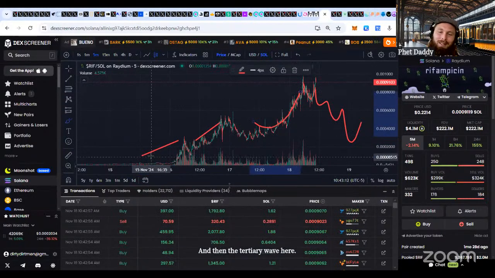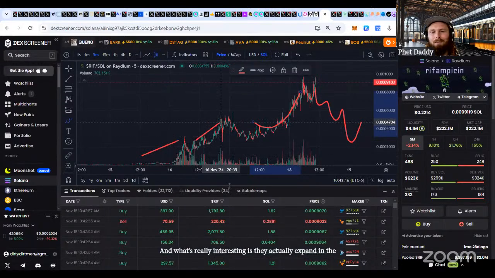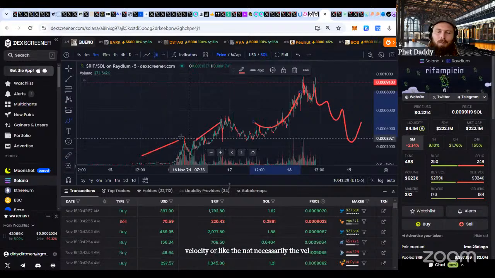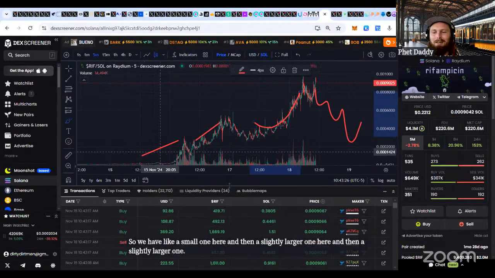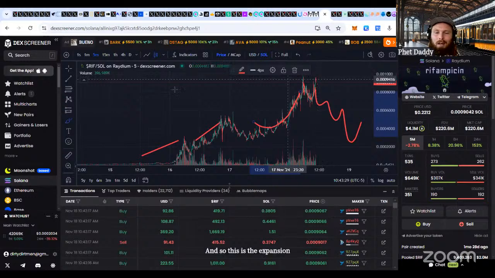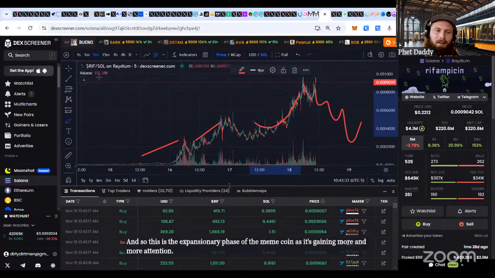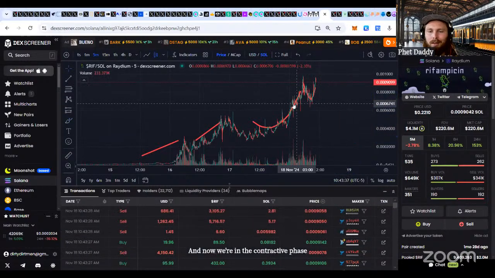What's really interesting is they actually expand in the volume. We have a small one here, then a slightly larger one here, and then a slightly larger one. This is the expansionary phase of the meme coin as it's gaining more and more attention. And now we're in the contractive phase. Most likely, this could go higher, but most likely.